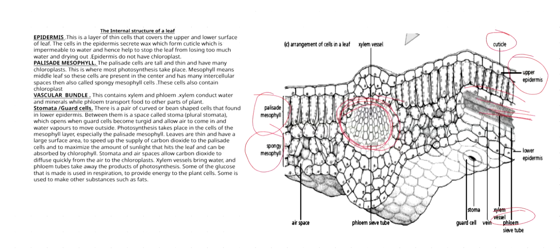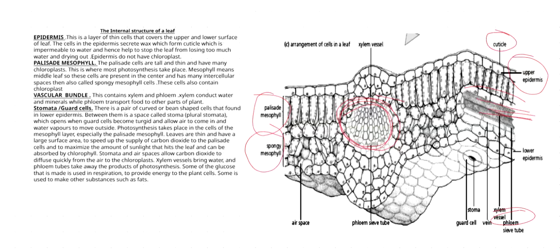After that, food, meaning glucose and amino acids, is transported from phloem to the next phloem, and in this way from the leaf to all other parts of the plant.